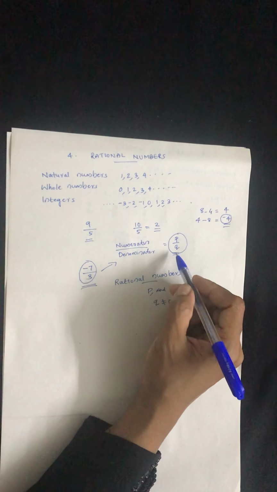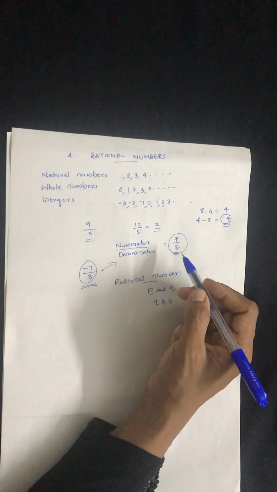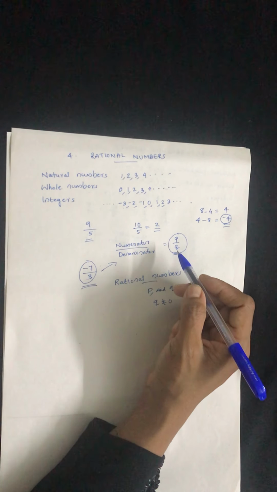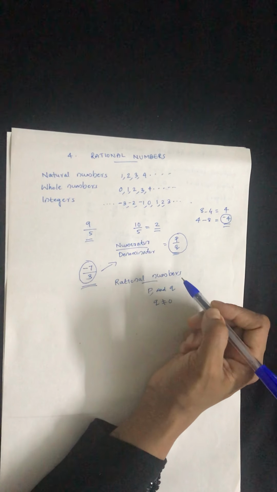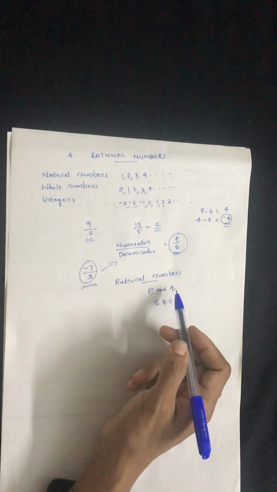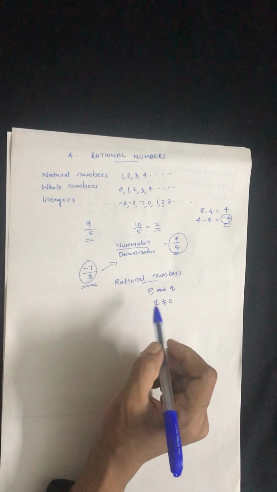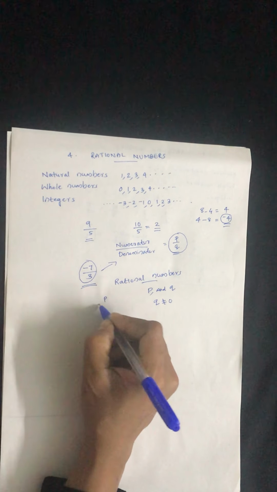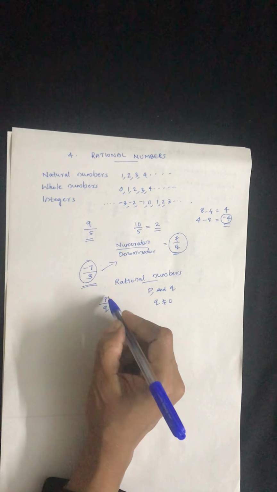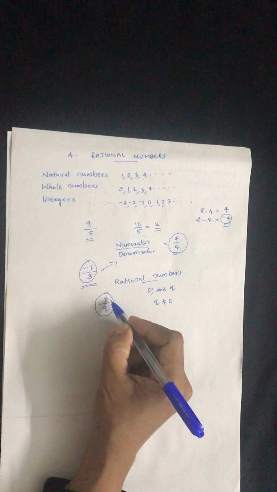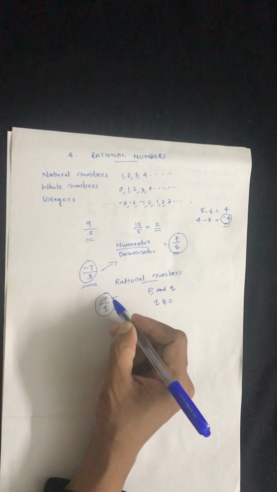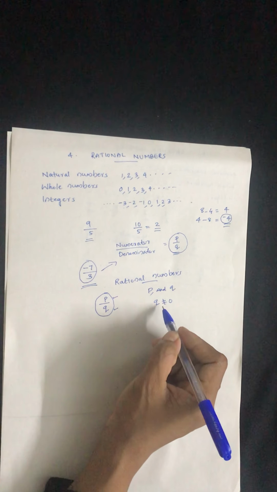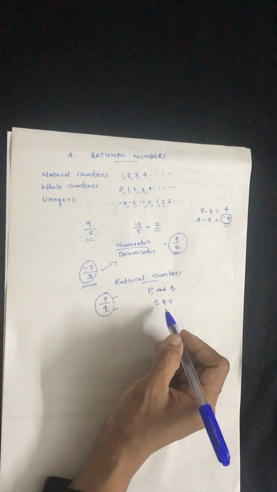The denominator will not be 0 because division by 0 we can't define. So rational numbers can be written in the form of p by q, where p and q are integers and q is not 0.